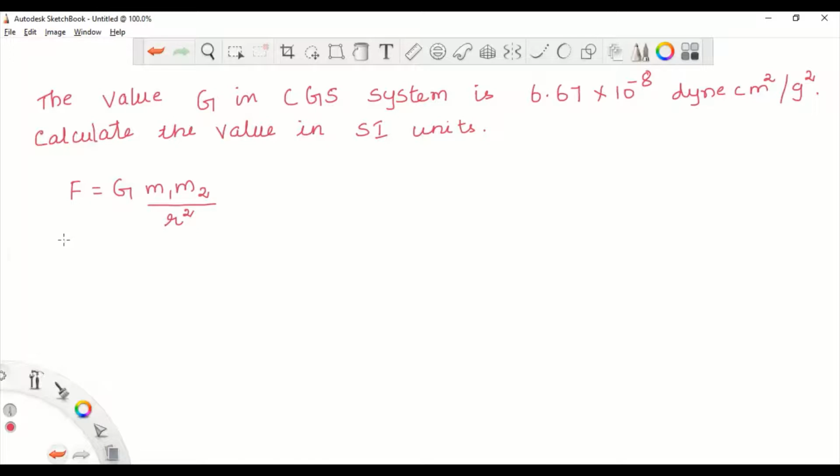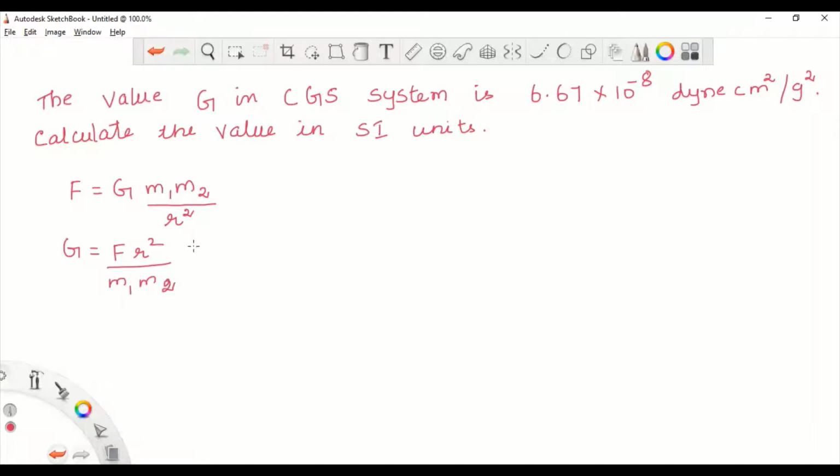From this, we are going to find the dimensional formula of G. So capital G is equal to F R square divided by M1 M2.